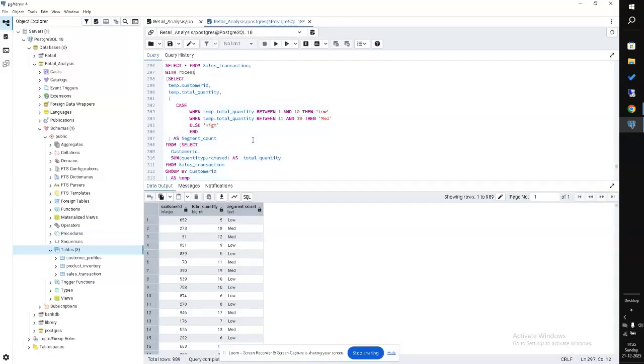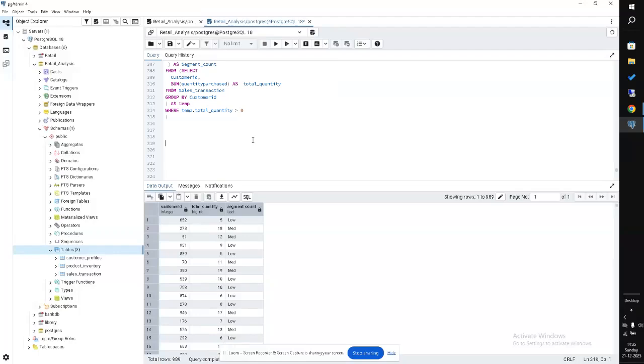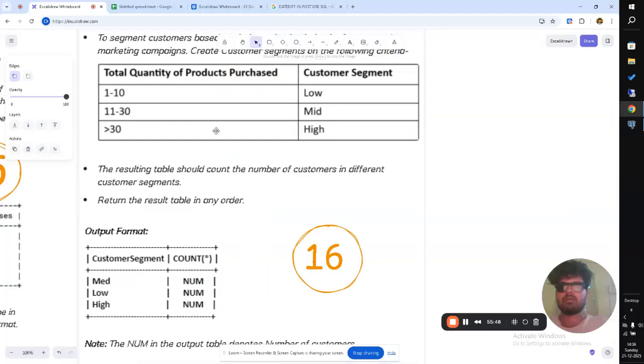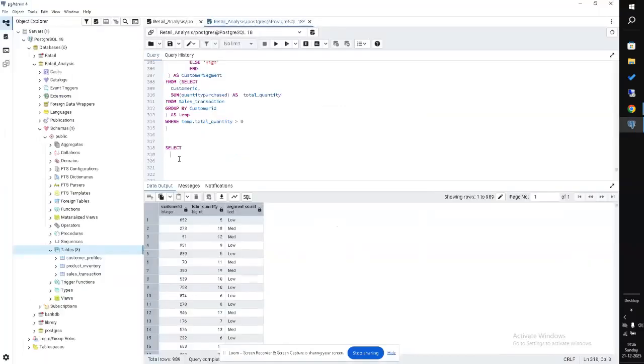With process as, select total, customer segment, from process, group by customer segment.